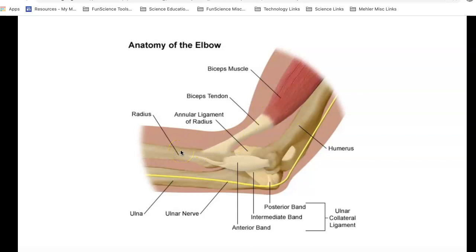On the other hand, we also need connections between our bones, and those are called ligaments. So the structures that connect bone to bone are called ligaments. These structures that connect the muscle to bone are called tendons. You'll notice that there's a yellow line running down in this diagram, and yellow is the agreed upon color for people that illustrate the human body; they will always represent the nerves coming down, the nerve cells.